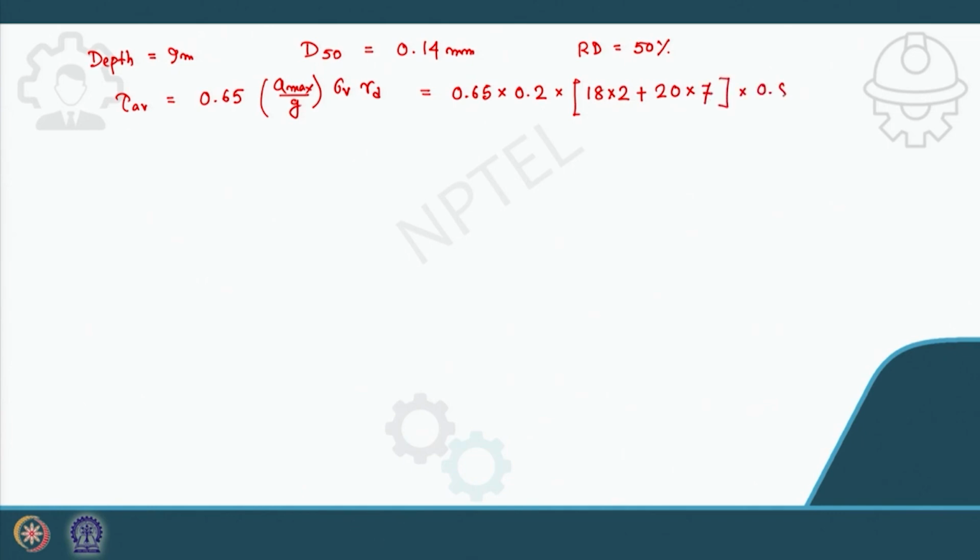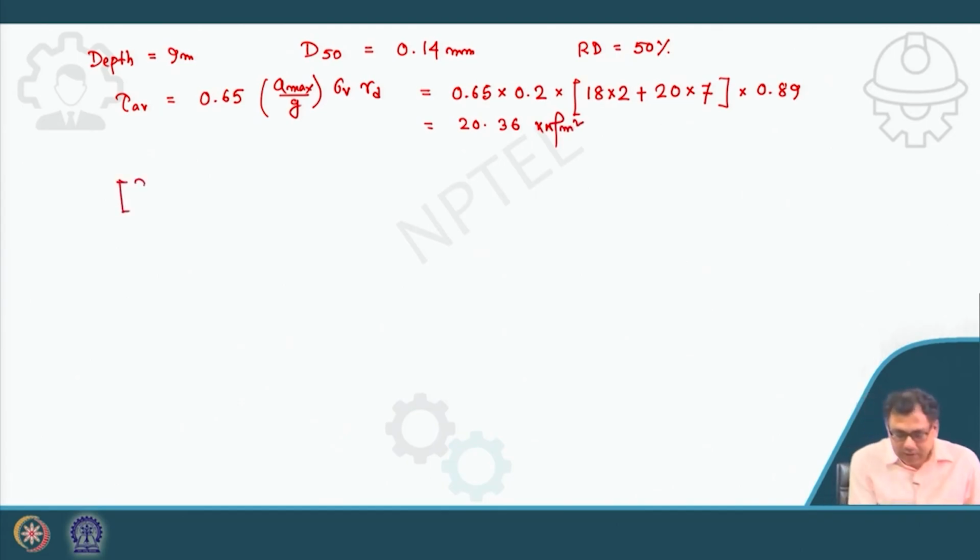So this is equal to 0.65 into 0.2 into (18 into 2 plus 20 into 7) into 0.89, where 0.89 is the RD value. So I will get the value as 20.36 kilonewton per meter square.